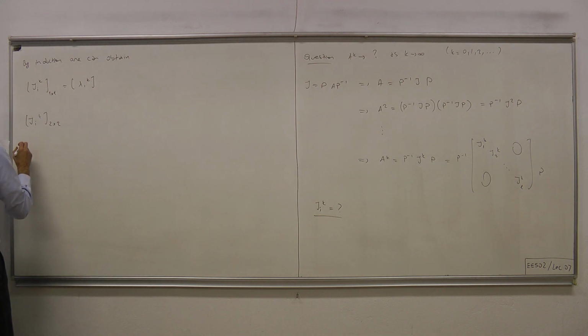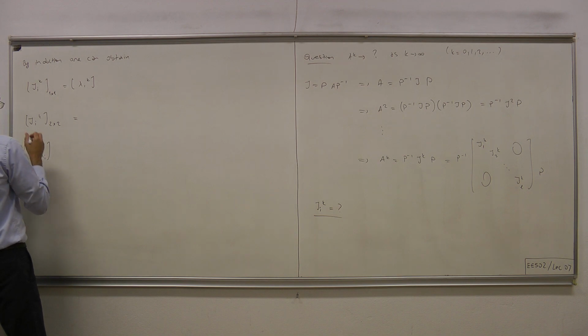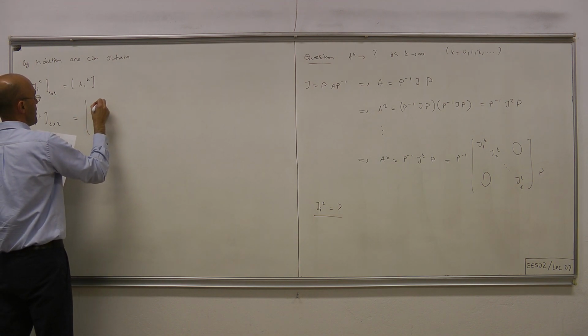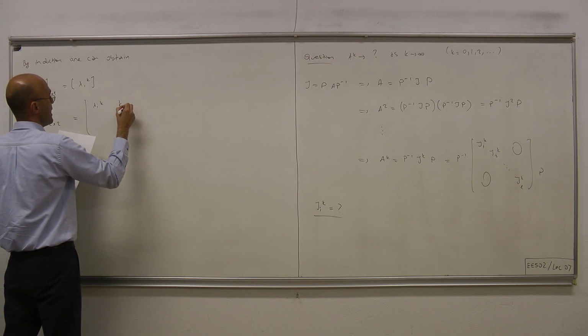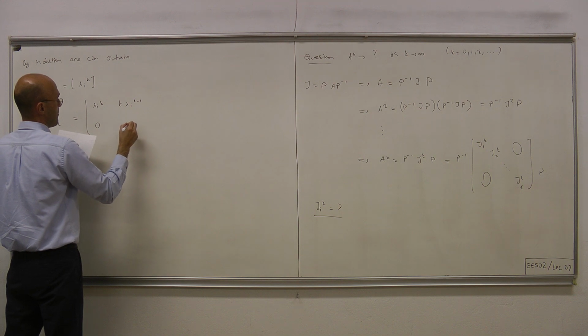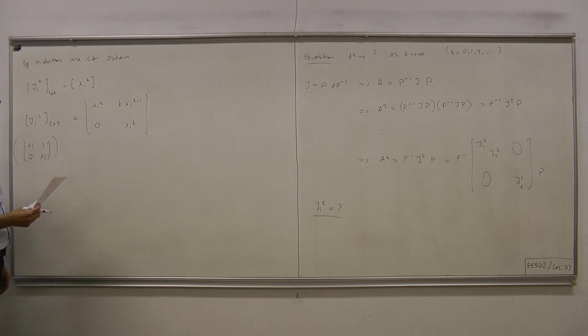So we're talking about this 2 by 2 Jordan block, lambda i, 1, 0, lambda i. That equals lambda i to the k, k lambda i to the k minus 1, 0, lambda i to the k. It's not that difficult to show.